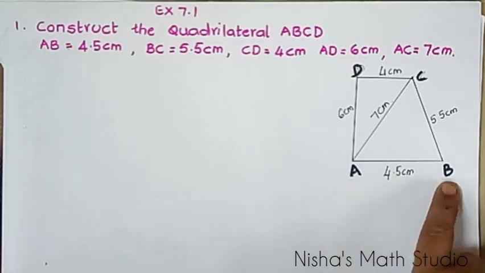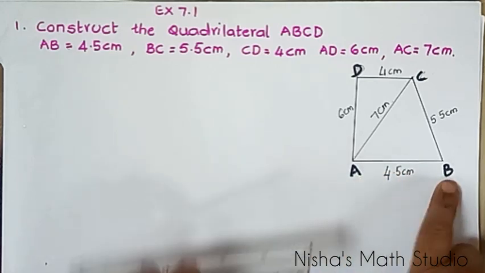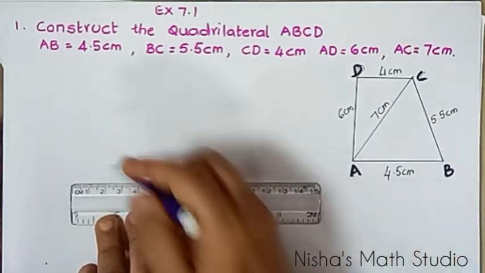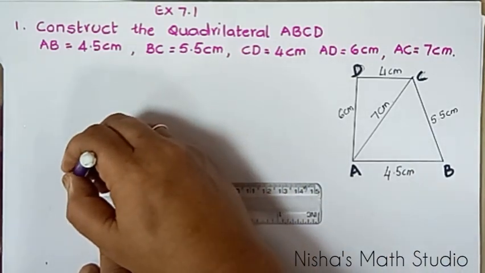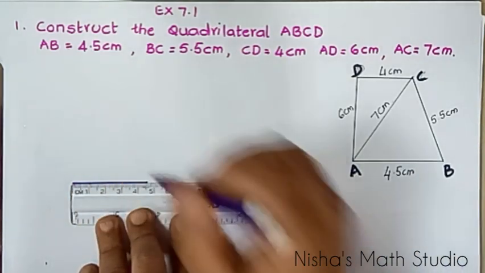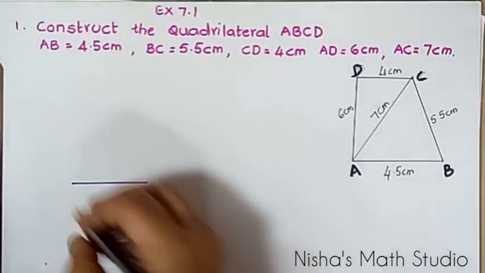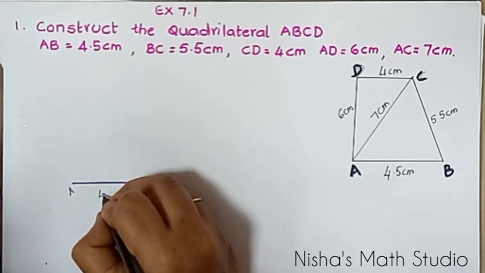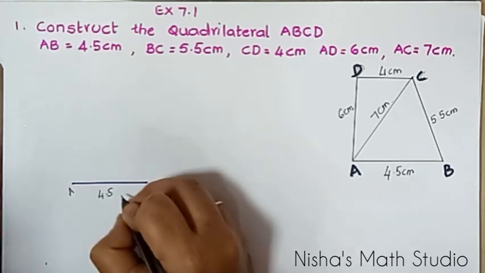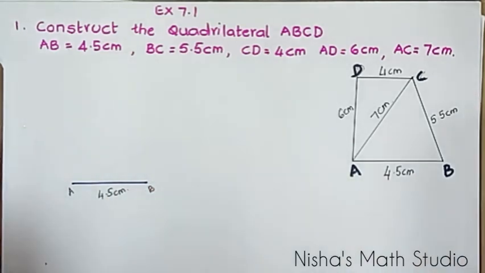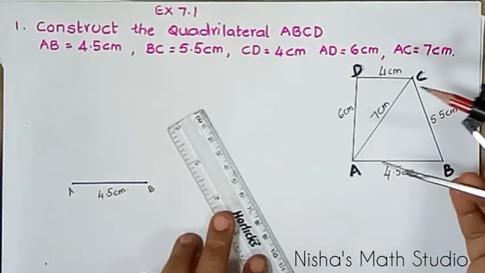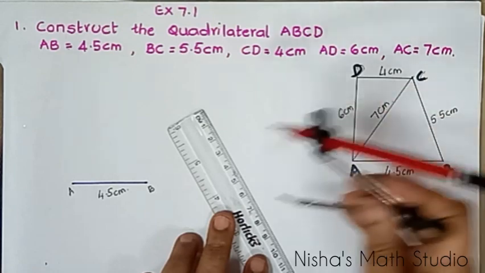First, we'll begin with the base, that is 4.5, which is equal to AB. Draw a line segment AB, which is 4.5 centimeter. Let's mark it as AB, which is equal to 4.5 centimeter. Now, I know the distance AC and BC. We will first take an arc of 7 centimeter.